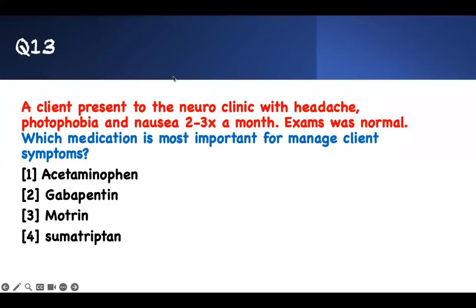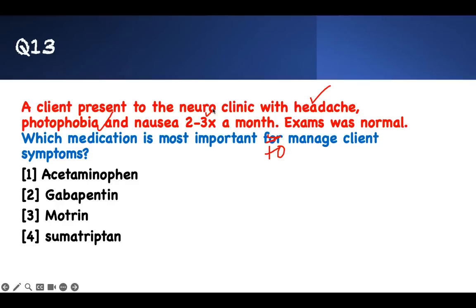Okay. Which medication is the most important for the nurse to manage the client's symptoms? A client presents to the neuro clinic with headache, photophobia, and nausea 2 to 3 times a month. Exams were normal.